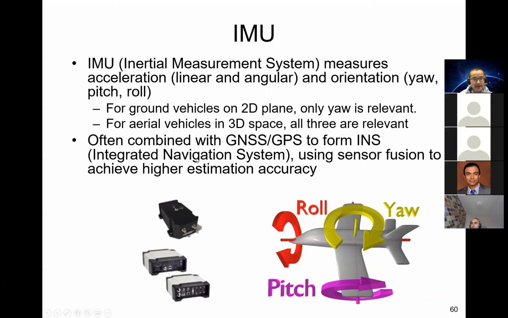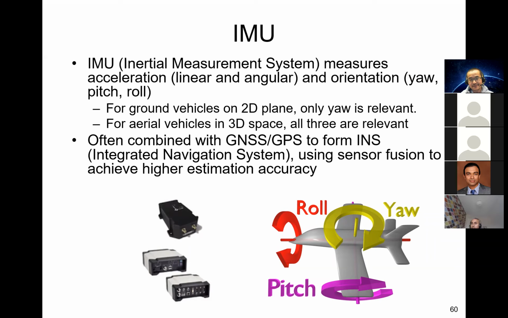So they're often combined with GNSS as GPS to form a so-called integrated navigation system, INS, using sensor fusion to achieve higher estimation accuracy.